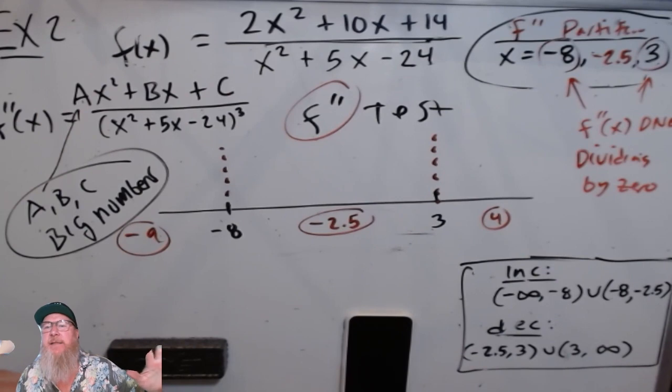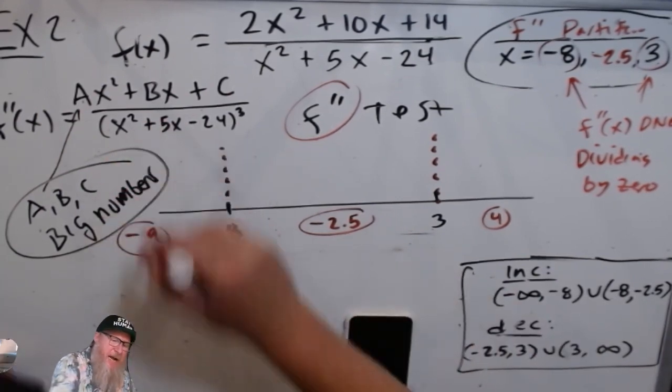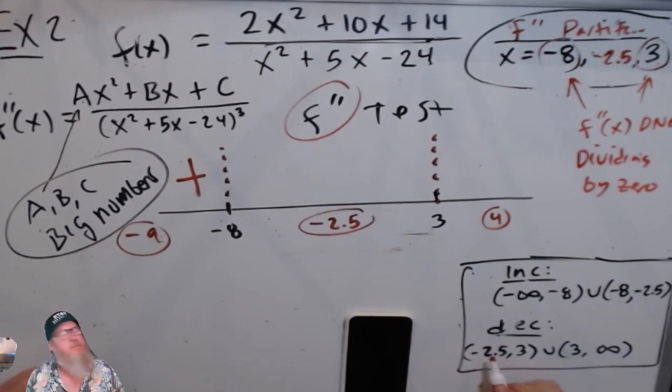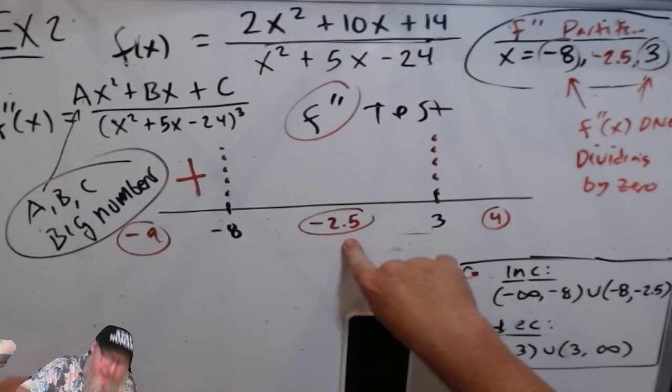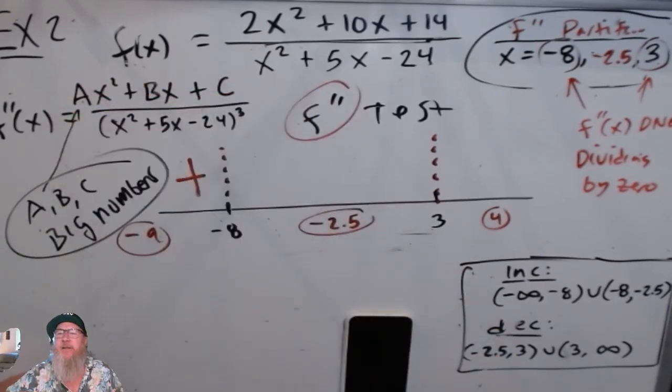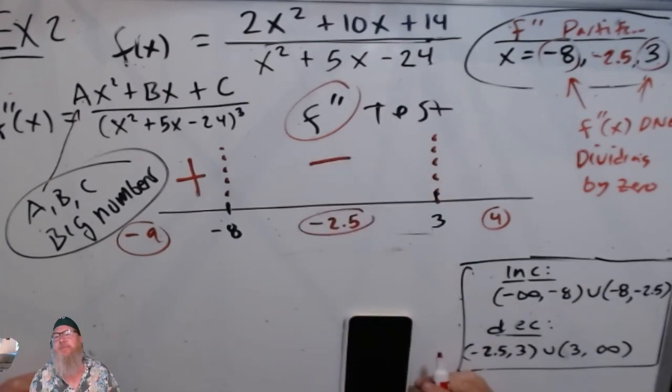They were all positive. When you plug -9 in, all right, trust me, you're going to get a positive number. Just trust me at this point in the game. Now plug -2.5 in. Plug it into this whole second derivative here, top and bottom. Yeah, you got to do the bottom too. You're going to get a negative number.